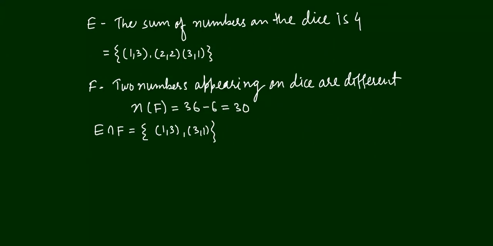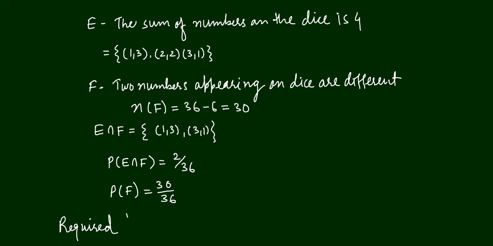So the probability of E intersection F will be what? 2 upon 36, because E intersection F contains two elements. Okay, now F contains what? 30 outcomes out of 36. So the required probability will be what?